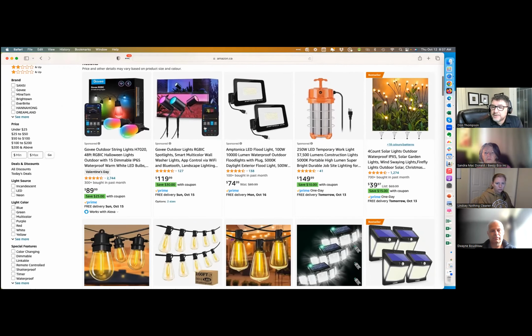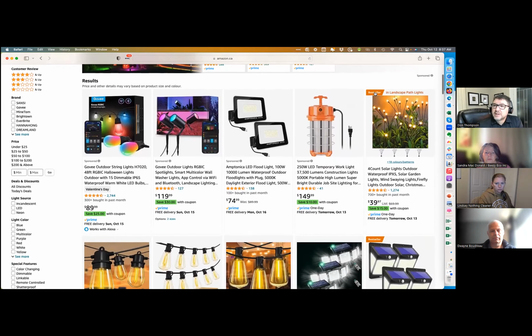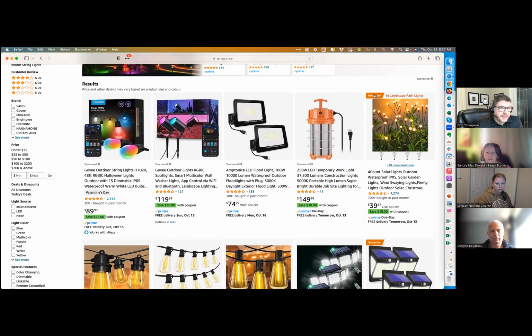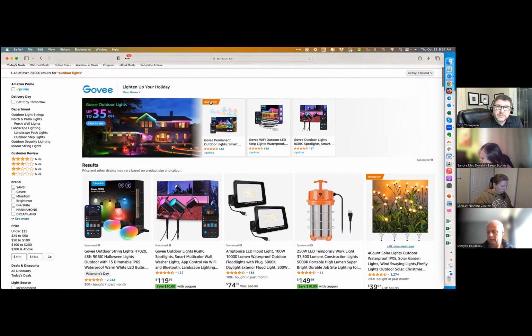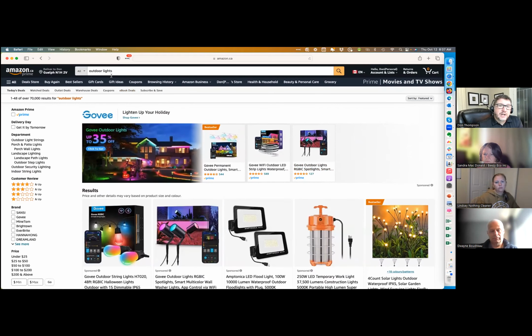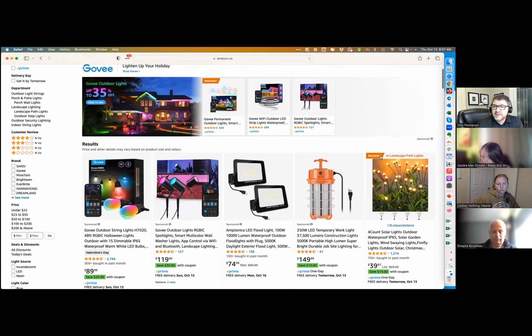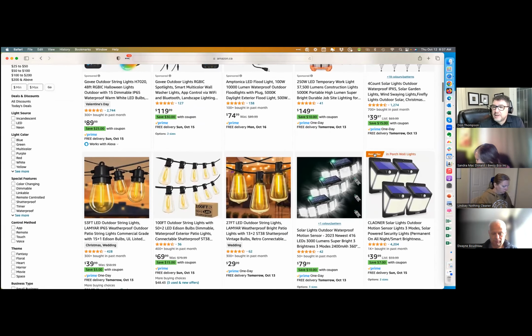Okay, so this bestseller is a bestseller in landscape path lights. Okay, this is where again Amazon is trying to bestseller. I'm kind of confused, right? They're saying outdoor lights. We know this is the bestseller from what we just saw, and this is the bestseller for landscape path lights. Right? Bestseller in porch wall lights, right?